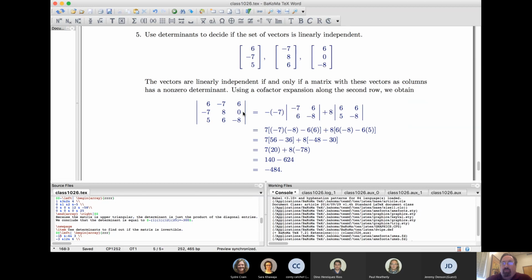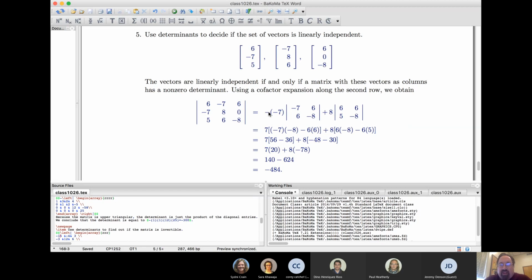It's because of a formula for determinants using a cofactor expansion that you have this factor of -1 to the i plus j, times a determinant of whatever smaller matrix you have.